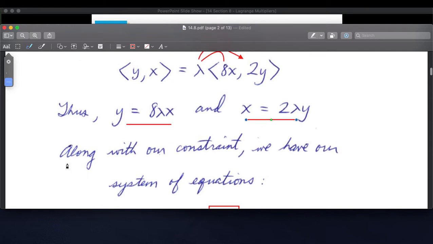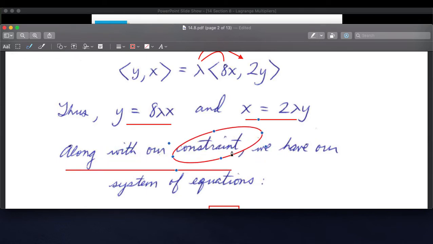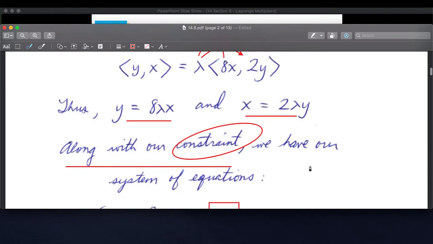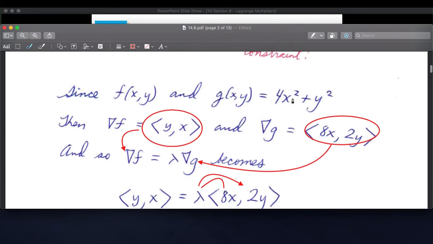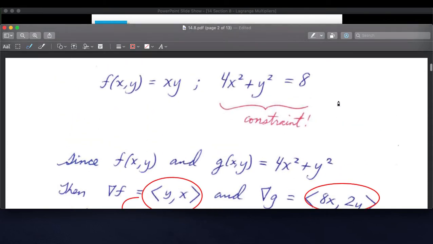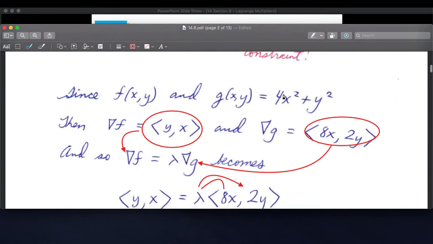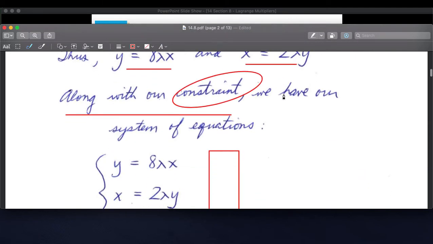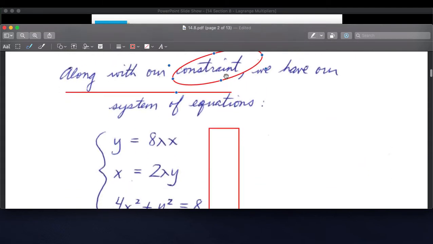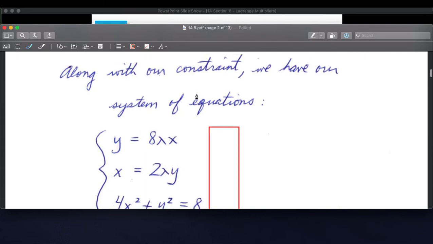Well, my third equation is going to be the constraint. What's my constraint? Well, that's this guy up here. This is our constraint. Along with our constraint, our system of equations becomes this right here.